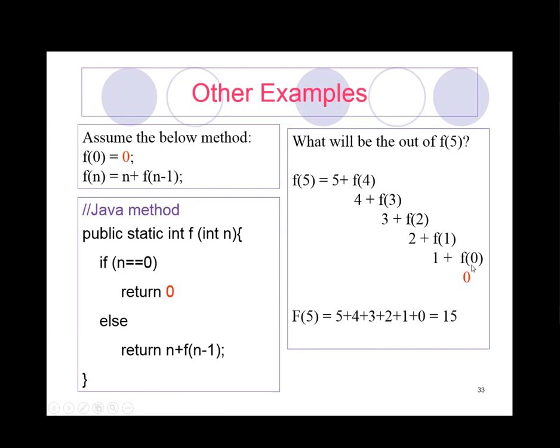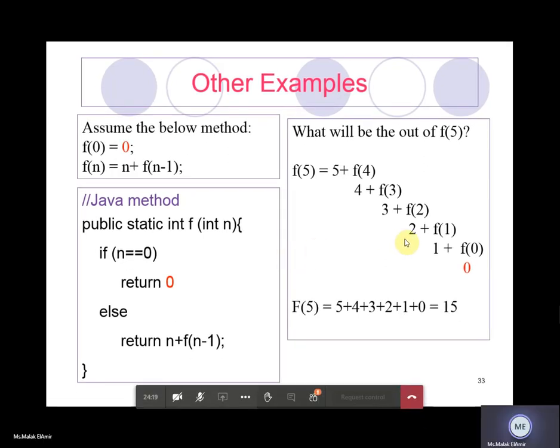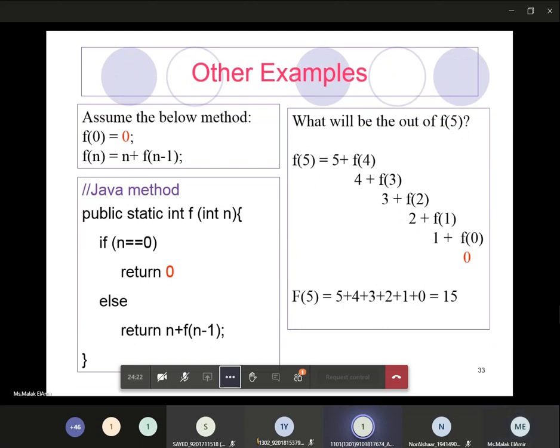Miss, I have a question, please. Yes, please, go ahead. In the previous example, we multiplied, like 5 multiplied by factorial 4, 4 multiplied by factorial 3, right? Here we are adding. Why? Because this is another example.